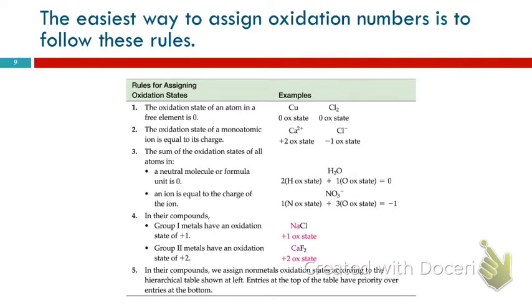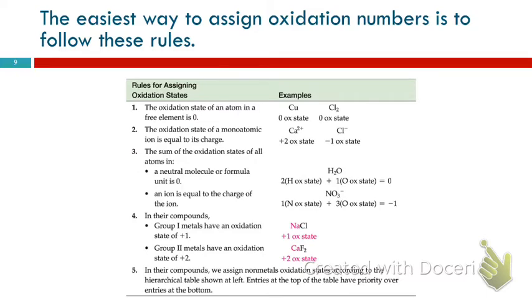The oxidation state often ends up being the same as the charge on an ion. Does this have a charge? No, and it's all by itself. It's 0. If we have monatomic ions, calcium ion, the oxidation state is the same as the charge. Here's chloride ion. The oxidation state is the same as the charge.